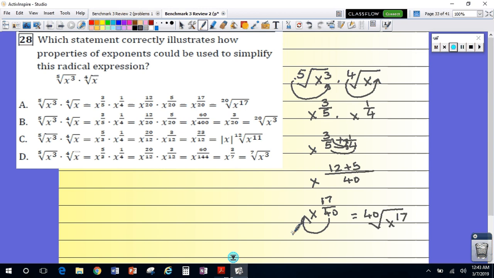So which option is right here? I'm sorry, this is 5 times 4 is 20 here. So let me erase this part. So that is 17 over 20. So 20 goes over here. So the option A is right.